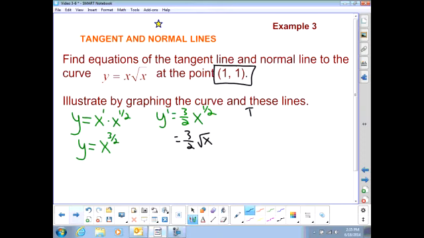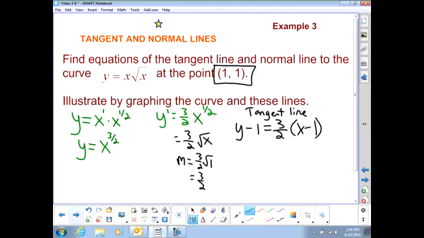For our tangent line, we can plug in 1 and get that our slope will be 3/2 times the square root of 1, which is just 3/2. So we will work with 3/2 for our tangent line. So we'll have y minus our y value of 1 equals the slope of our tangent line times x minus our x value, which was 1.